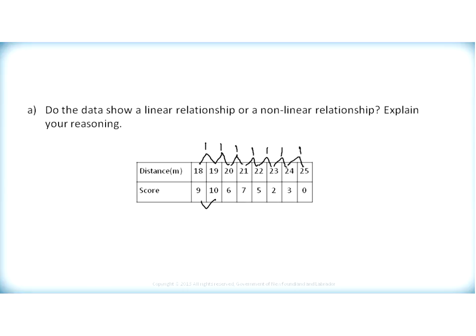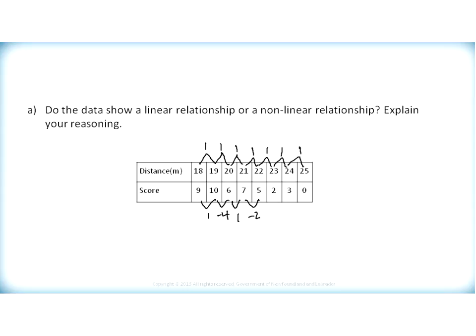If I go from 18 to 19 meters, my score goes up by 1. When I go from 19 to 20 meters, my score goes down by 4, so it's minus 4 from the previous. When I go from 20 to 21 meters, my score goes up by 1. When I go from 21 to 22 meters, my score goes down by 2.